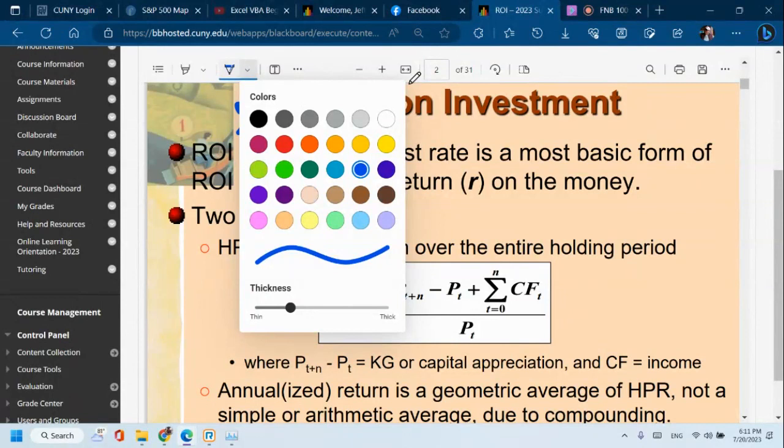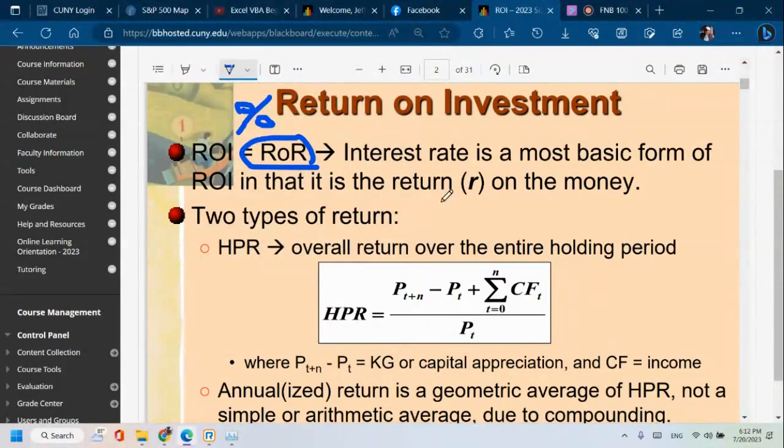When I say investment, it doesn't have to be stocks and bonds. A house can be an investment as well, right? And so the interest rate is the most basic form of return on investment, right?